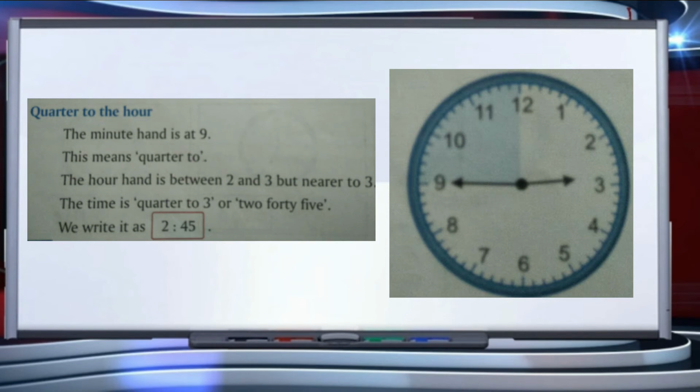The time is quarter to 3 or 2:45. We write it as 2:45. That means there are 15 minutes to complete 3. 15 minutes left to 3.